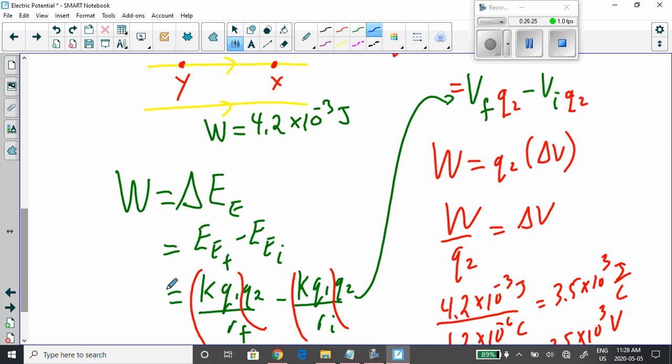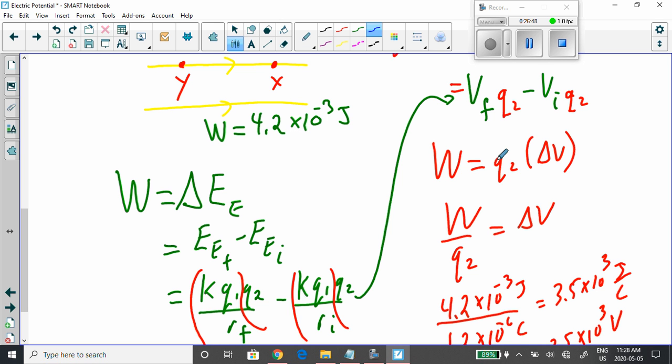But we know what K Q1 over R final is equal to. That's the equation for voltage. K Q over R is voltage. So let's call that voltage final times Q2. Similarly, K Q1 over R initial, that's a voltage equation. So let's call that V initial times Q2.